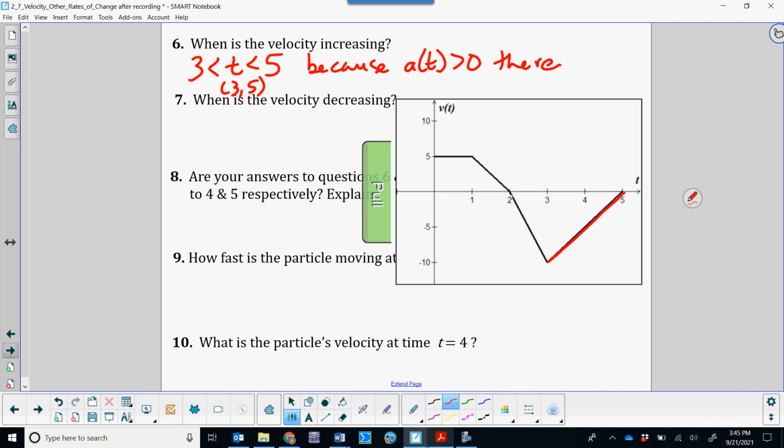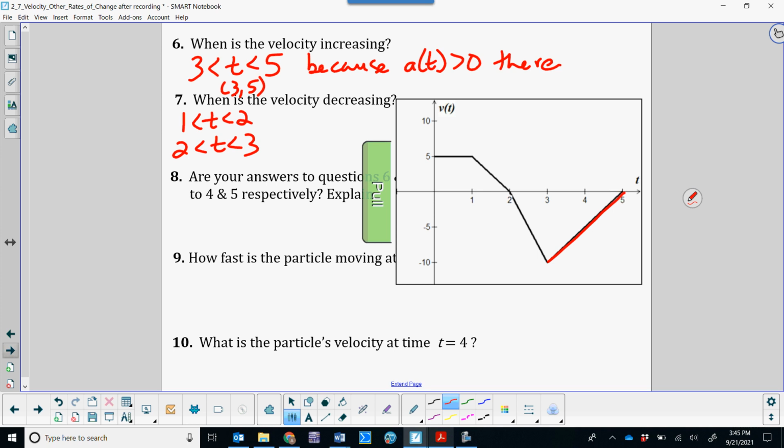Then 7 says, when is the velocity decreasing? So again, it would be when t is from 1 to 2, or also from 2 to 3. Now, we're not going to get into a big, huge discussion about what happens at 2.